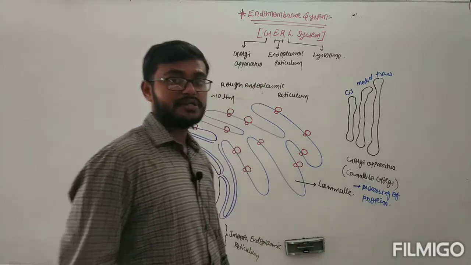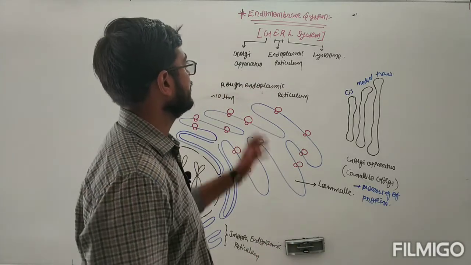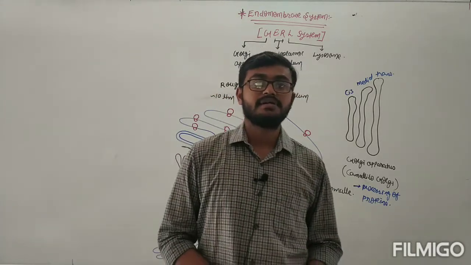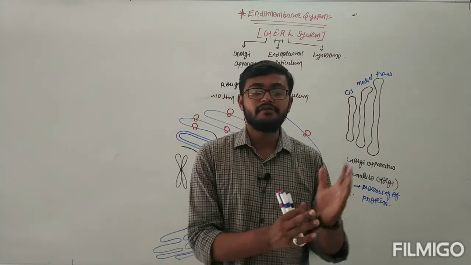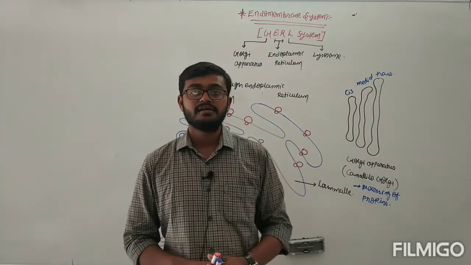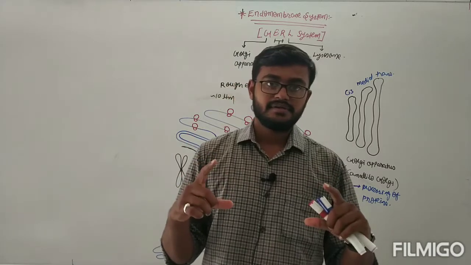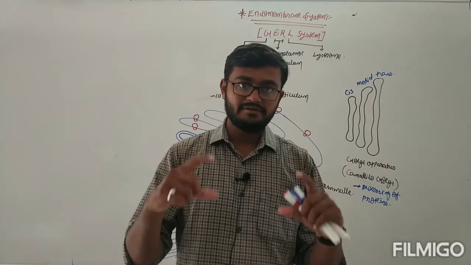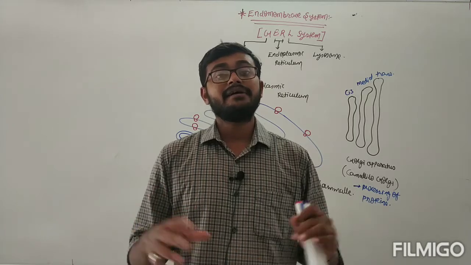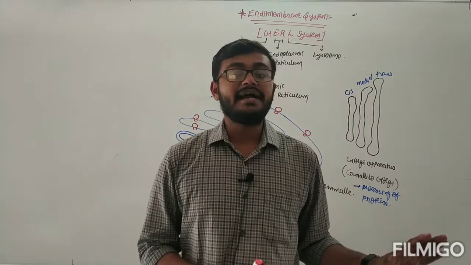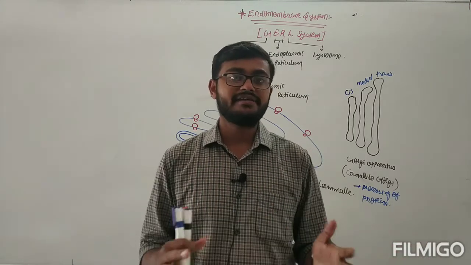One of the most important things I would like to discuss with you is that the endomembrane system is meant for the correct delivery of substances. Let's take an example. I have an envelope, and inside that envelope I put a letter. Now I am not putting any address on it.